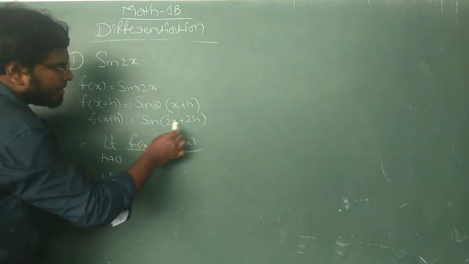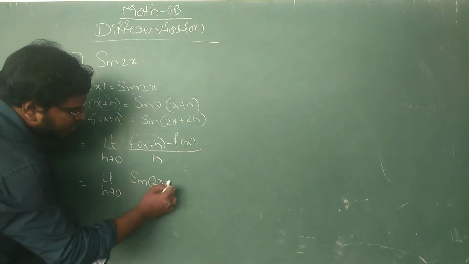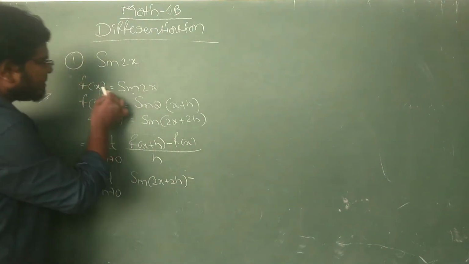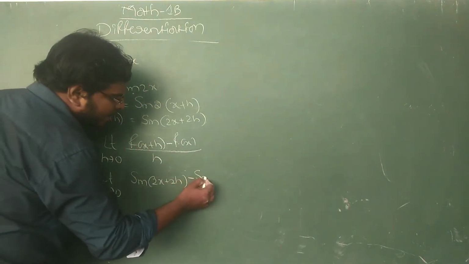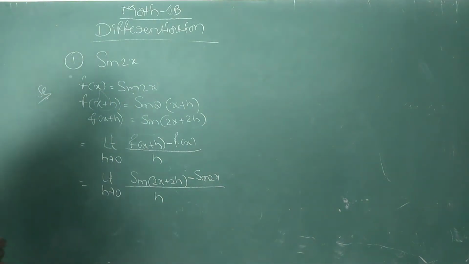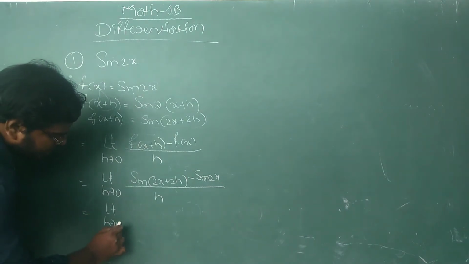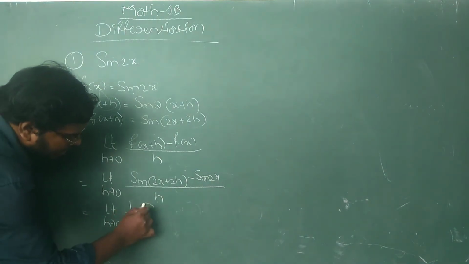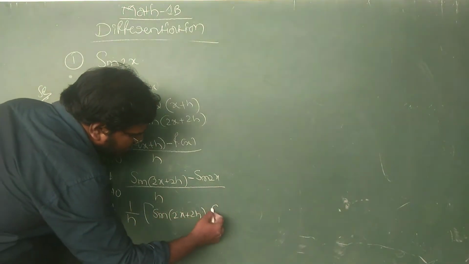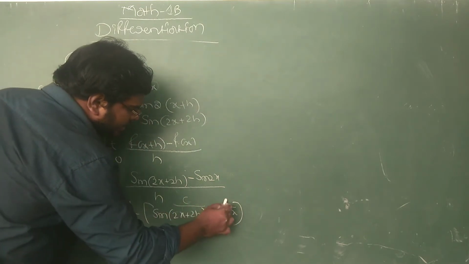Now f of x plus h, write this total: sin of 2x plus 2h, minus f of x, sin 2x, by h. So limit h tends to 0, 1 by h, sin of 2x plus 2h minus sin 2x. Now this is C, this is D.